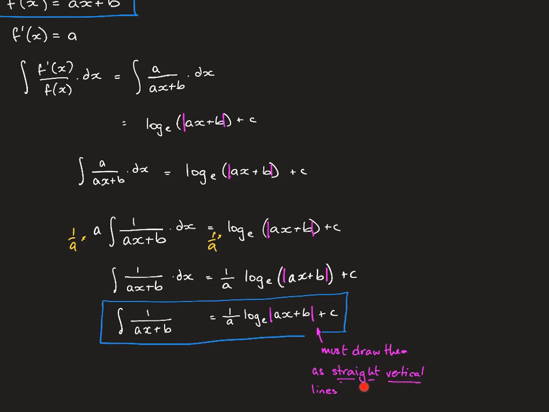The only way that this is in fact correct is if this is the absolute value function, or you have curved brackets and you're stating that ax plus b has to be greater than 0. So the easiest way, the quickest way to do this, is make sure that you've got nice, straight, vertical lines. If it looks slightly curved at all, it's going to be wrong. So make sure they're vertical, not curved at all.